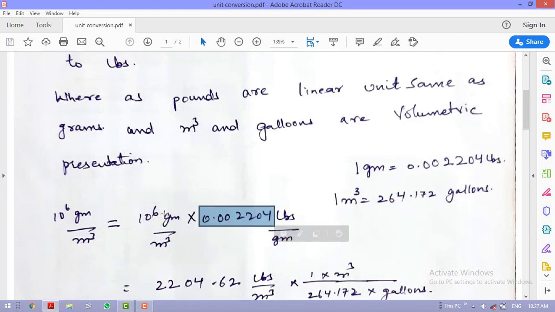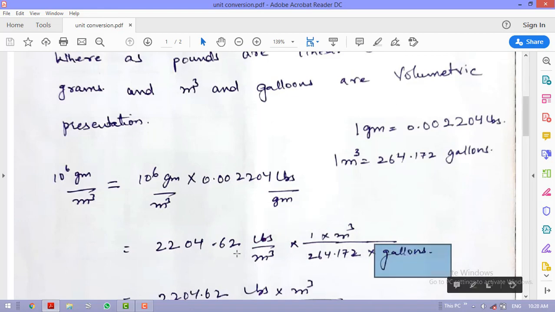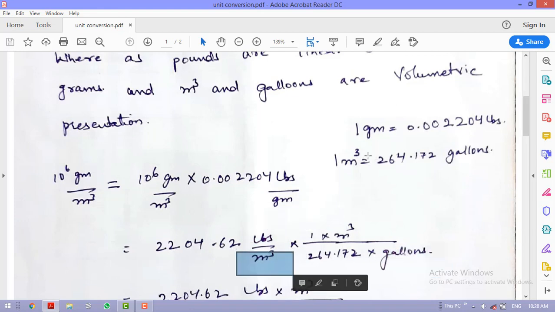After conversion, this gram and this particular gram will get cancelled with each other, and the remaining units will be lbs per meter cube, right? So now we have lbs, but we need gallons instead of meter cube. As we know, 1 meter cube is equal to 264.172 gallons, so I'm just converting that.